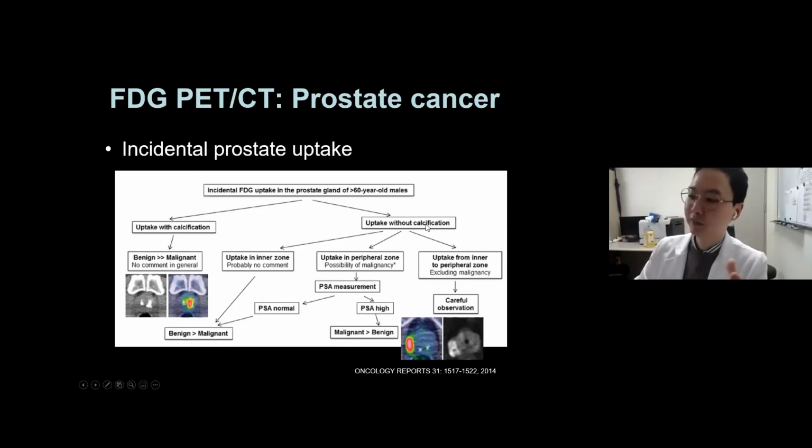However, if the focal lesion is in the peripheral zone and without calcification, there might be a high chance of a tumor or malignancy. So PSA measurement is necessary in this situation.